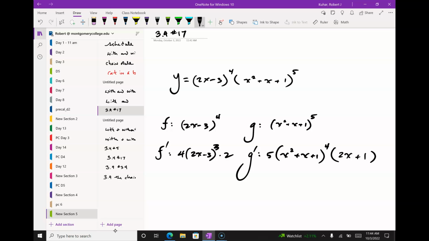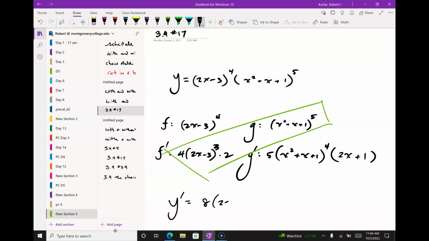I am doing the product rule in any order I want. I kind of like them in this order. So I get y prime equals 8 times (2x minus 3) to the third times (x squared plus x plus 1) to the fifth. Is everybody following?